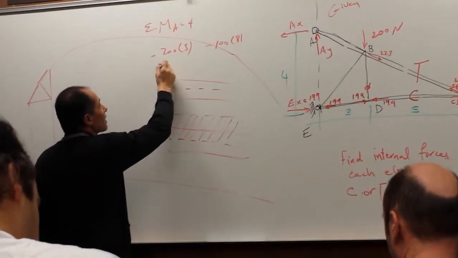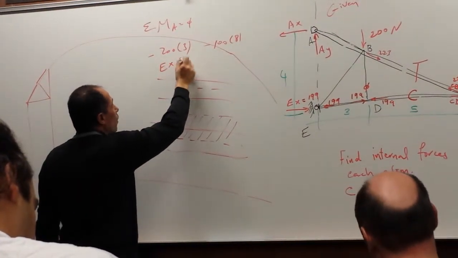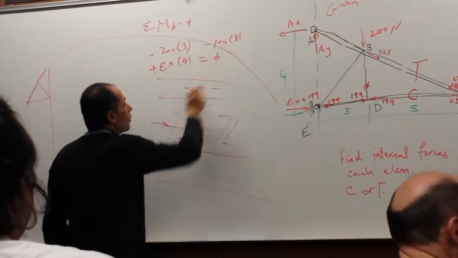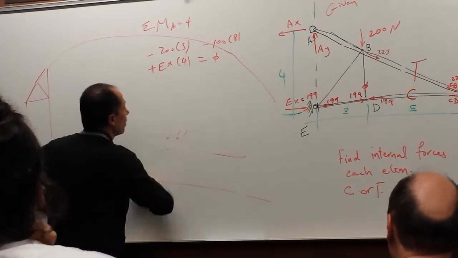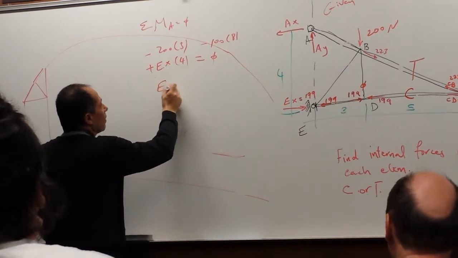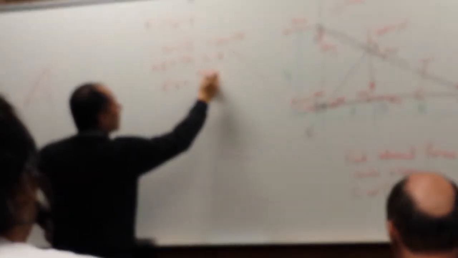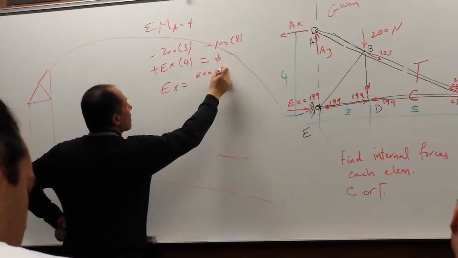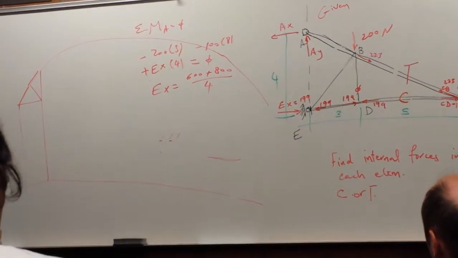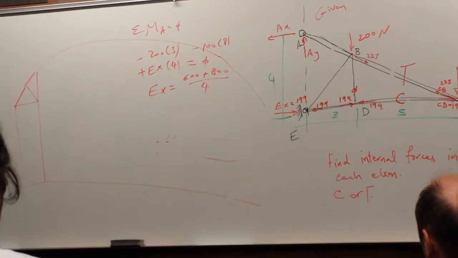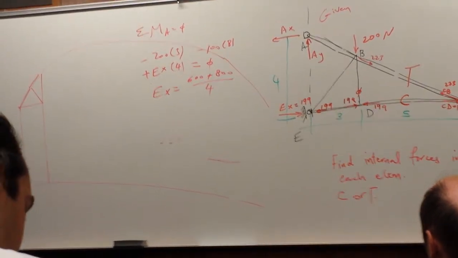And EX times 4 is positive, equals 0. From this, what is EX? 600 plus 800 over 4.